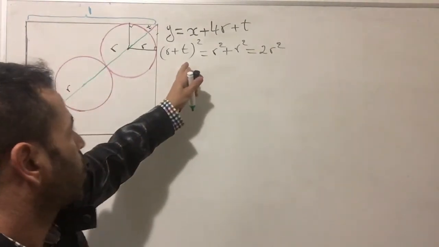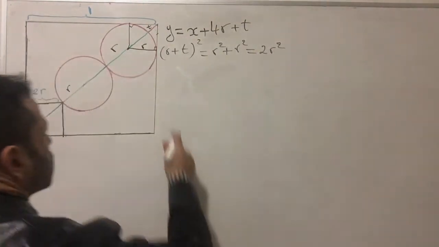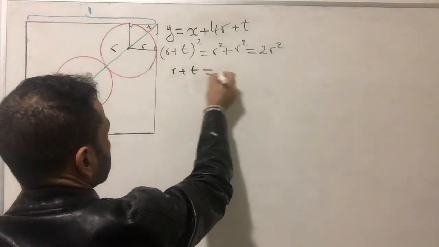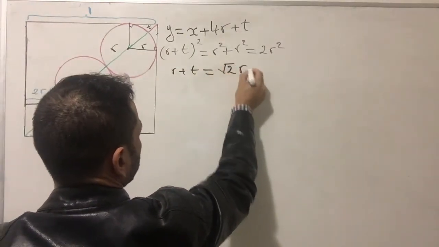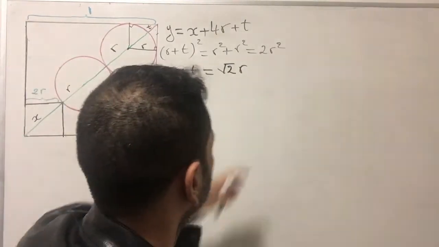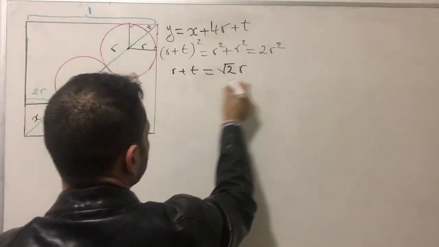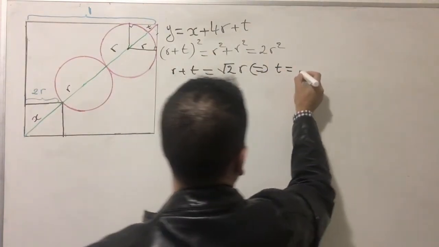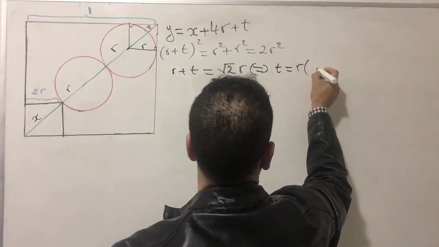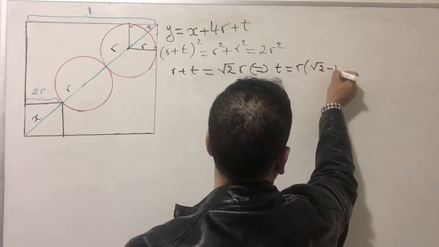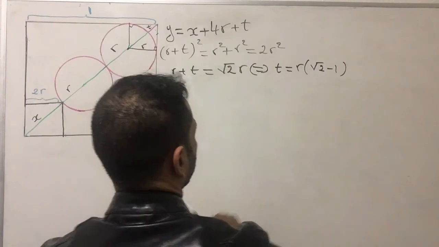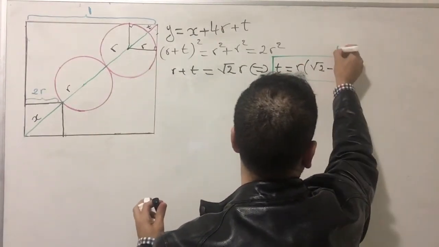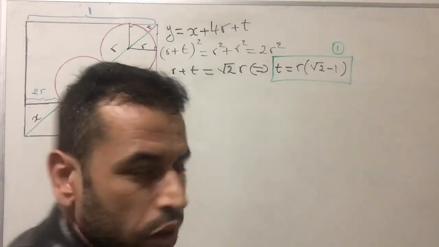I'm going to apply the square root on both sides. Since these distances are positive, I will have r plus t equals square root of 2 times r. I'm going to bring r to the other side, so I will have t equal to r multiplied by square root of 2 minus 1. So I have the first equation. Let's call it equation number 1.